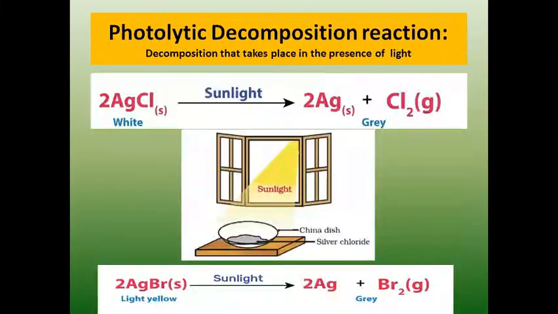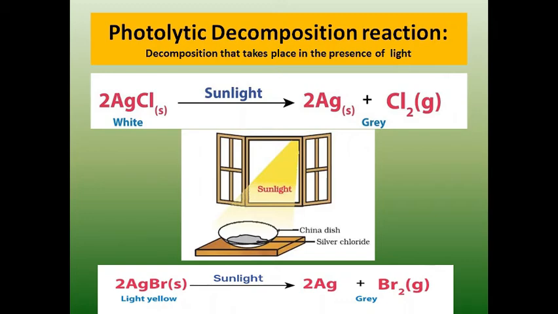Okay. Now the third type of decomposition reaction is photolytic, meaning anything which splits in the presence of light is a photolytic decomposition reaction. Decomposition reaction that takes place in the presence of light. Let's take the example.